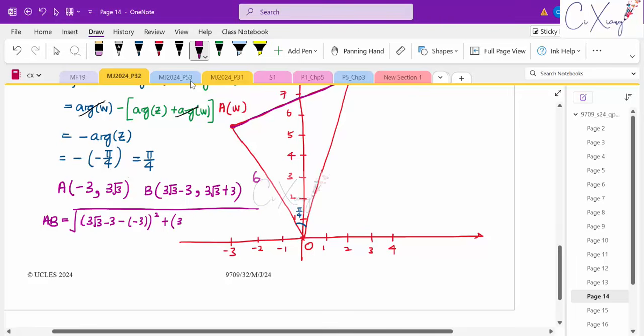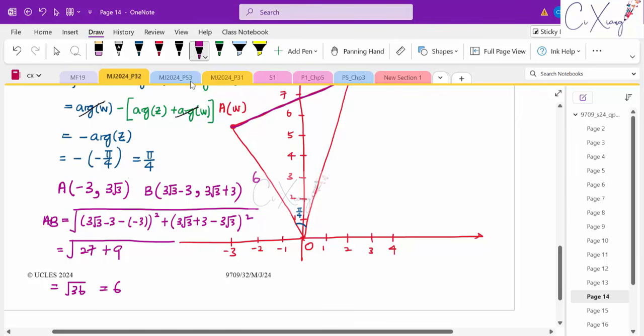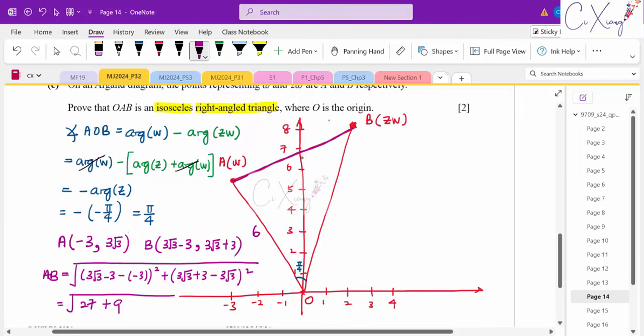Then y1 minus y2, and you square it. Okay, so you will realize that you have 3 times 3 squared, which is 27. Then this part is 3 squared, which is 9. So equals square root 36, which equals 6 as well. So now I can see that the length of AB is equal to 6.